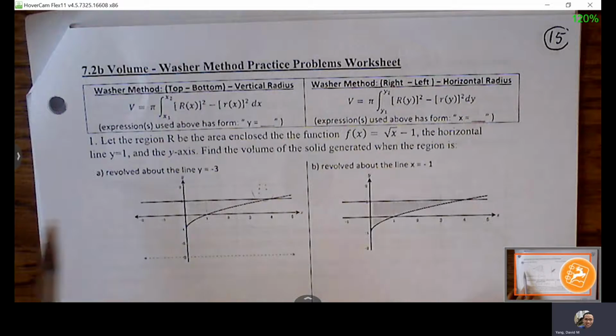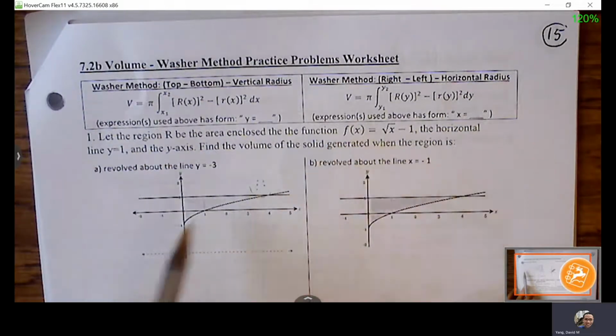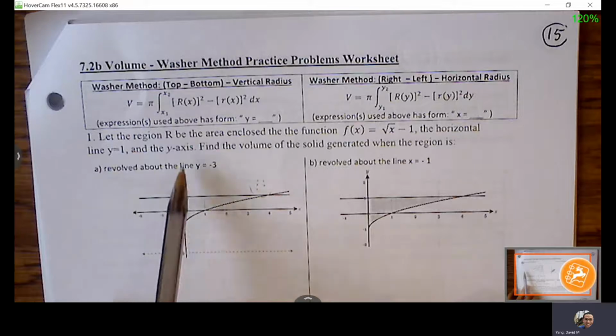Okay, so it says let the region R be the area enclosed by the function y equals square root of x minus 1. That's the radical here. The horizontal line y equals 1 and the y-axis. Okay.